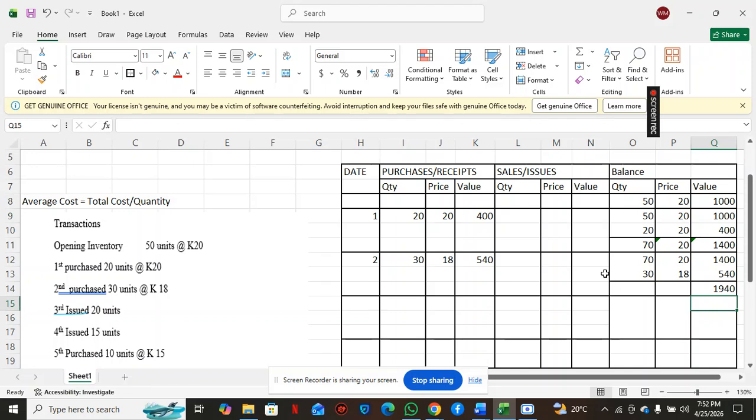The total number of spare parts we have in the shop, 70 plus 30, is 100 spare parts.